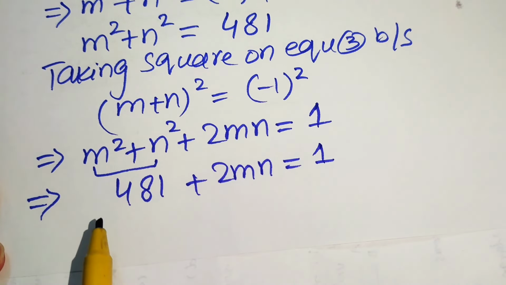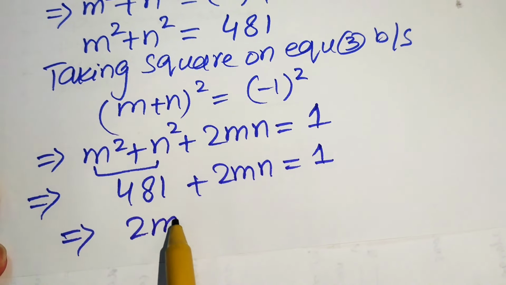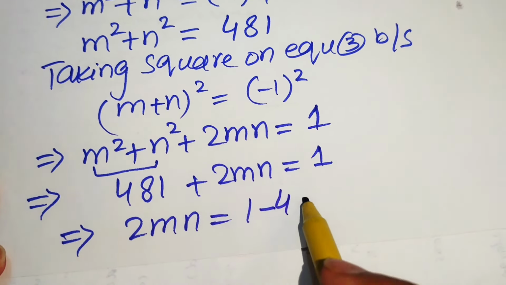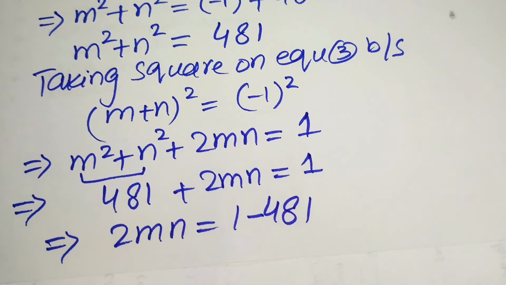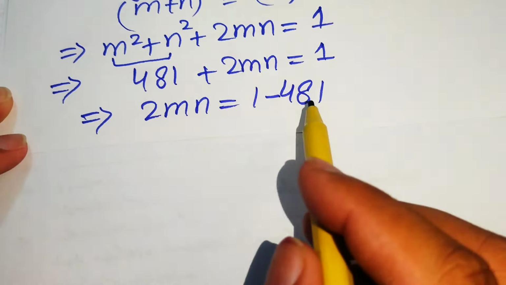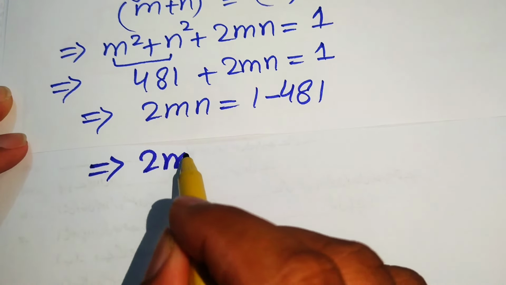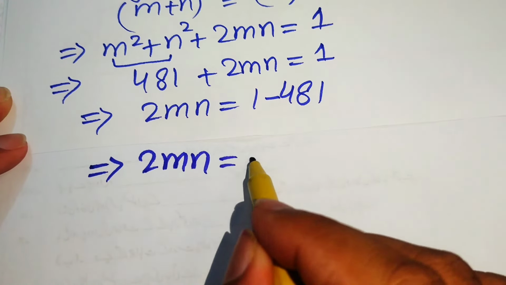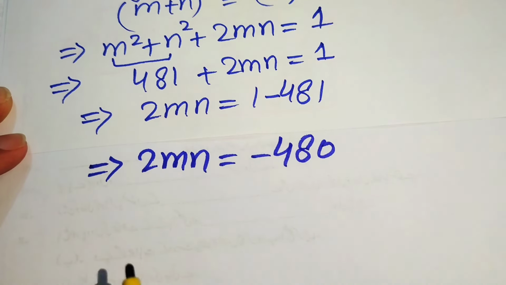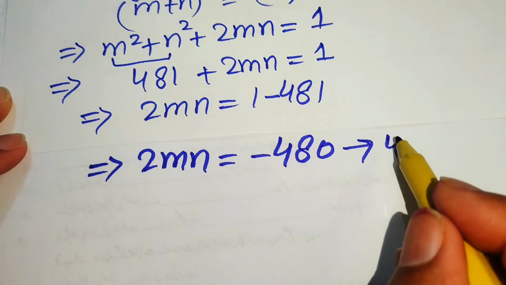Now we move this 481 to the right hand side and it is written as 2 times mn equals 1 minus 481. We know that 1 minus 481 equals minus 480, so 2 times mn equals minus 480. We call this equation number 4.